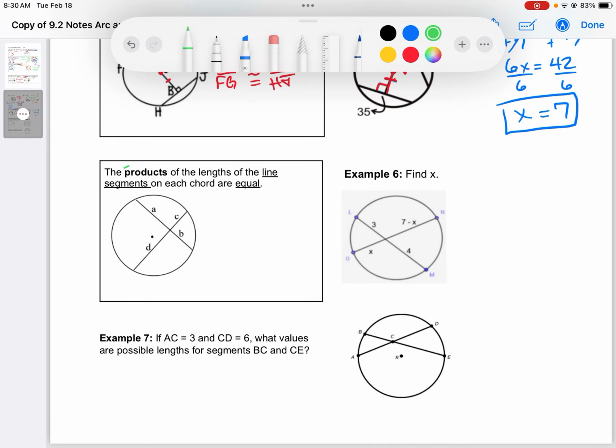All right. The products, so that's multiplication. The products of the lengths of the line segments on each chord are equal, okay?